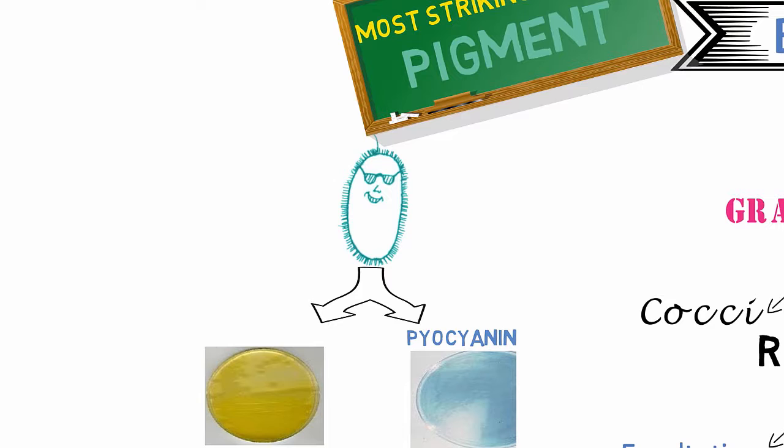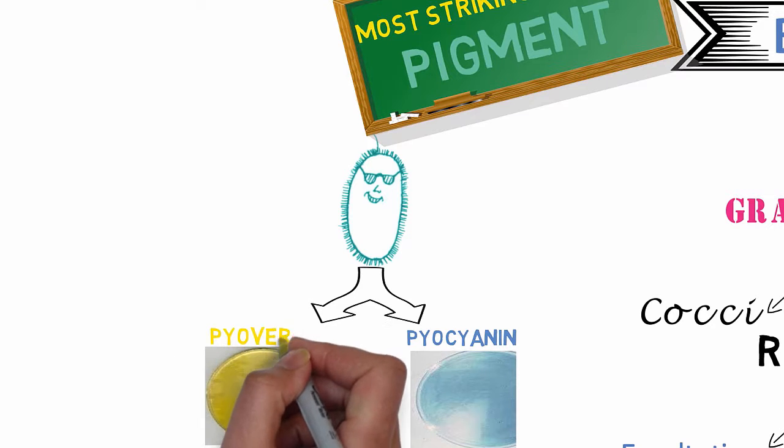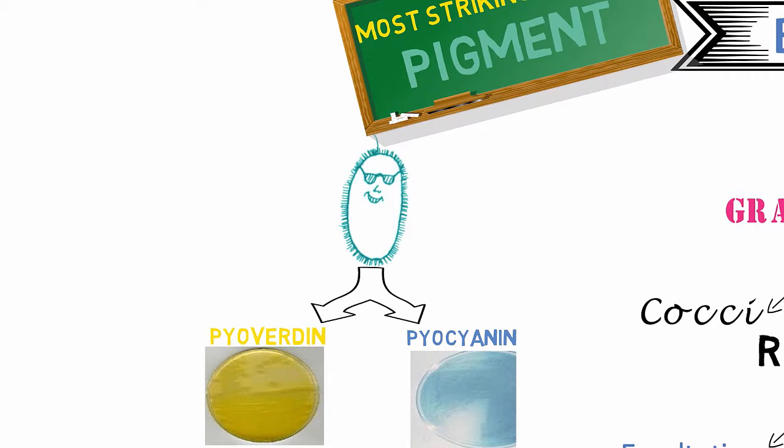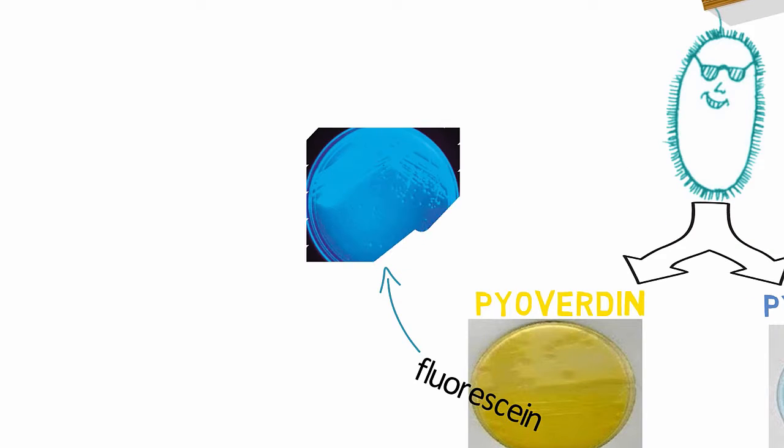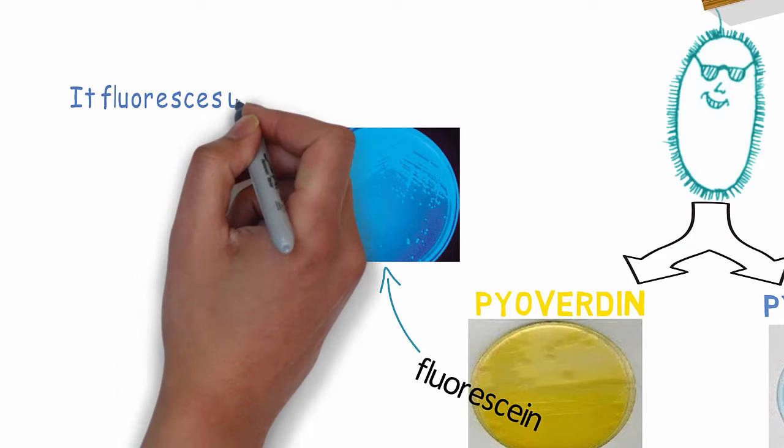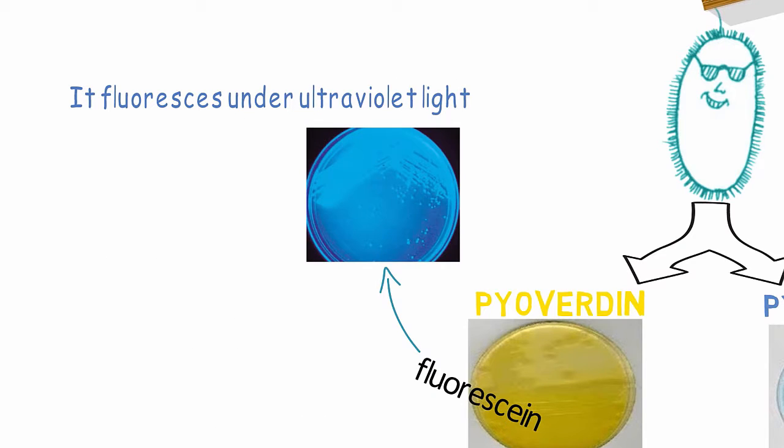It also produces a yellow pigment called pyoverdin, or fluorescein. It is called fluorescein because it fluoresces under ultraviolet light, and this property can be used in the early detection of skin infections caused by Pseudomonas aeruginosa in burn patients.